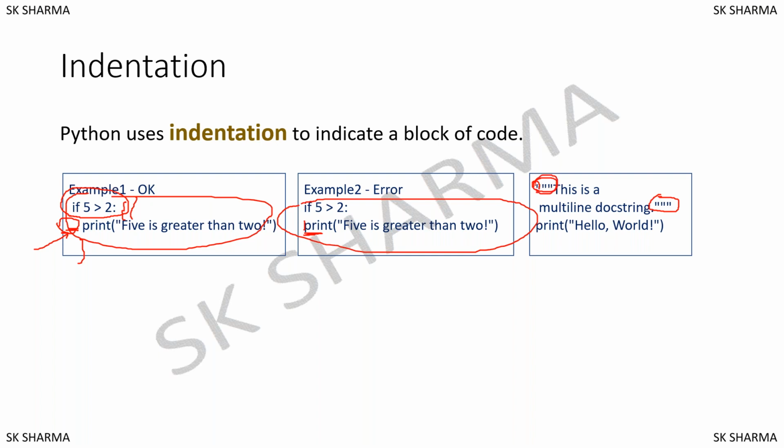Like if you are using single quote here, then at the end it should be single quotes, three times. Okay. And comments: if I want to make any particular line a comment, just add hash at the beginning of the line.